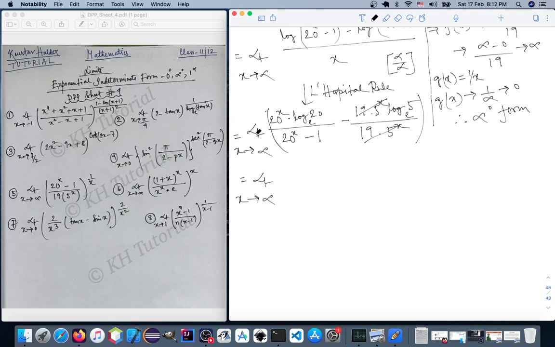This becomes 20 to the power x log e 20 minus log e 5 plus log e 5, divided by 20 to the power x minus 1.